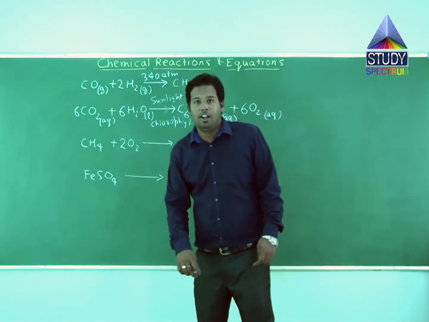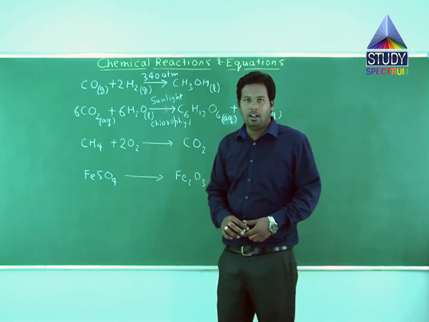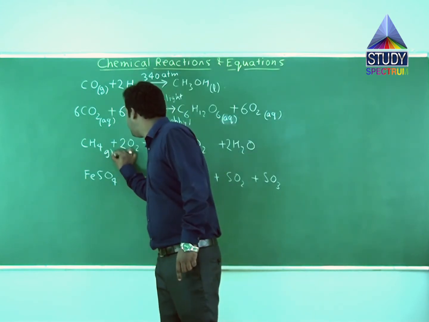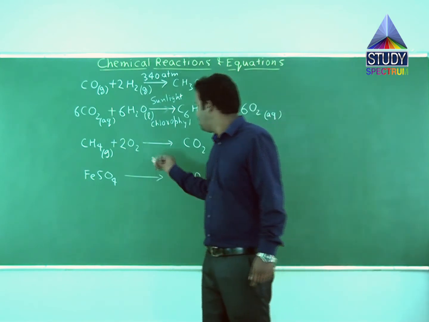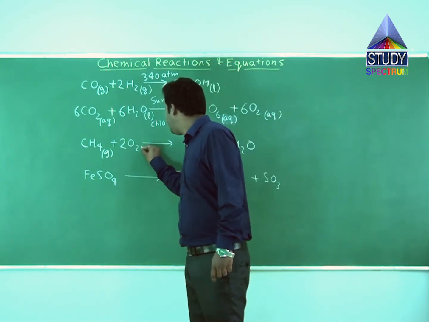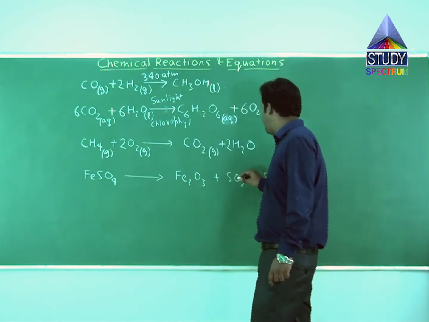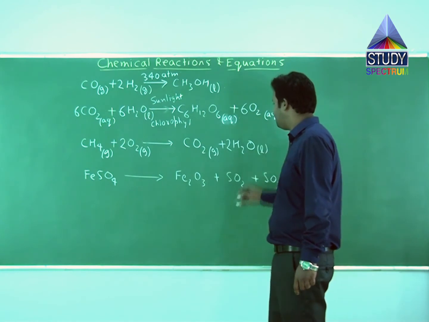Now CH4 is basically a gas. This is the first member of alkane, that is methane, and it is in the form of a gas. Whereas oxygen, as we know, is also present in the form of gas. Carbon dioxide is also a gas, whereas H2O will be in the form of a liquid.